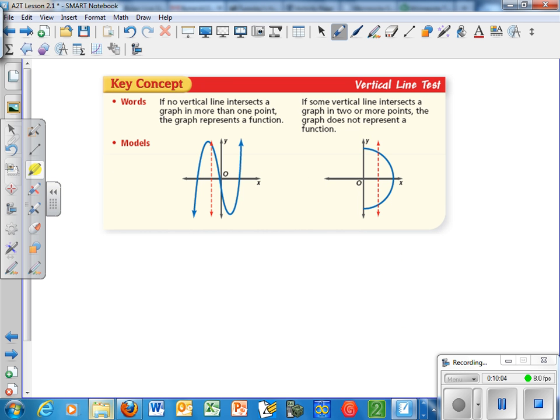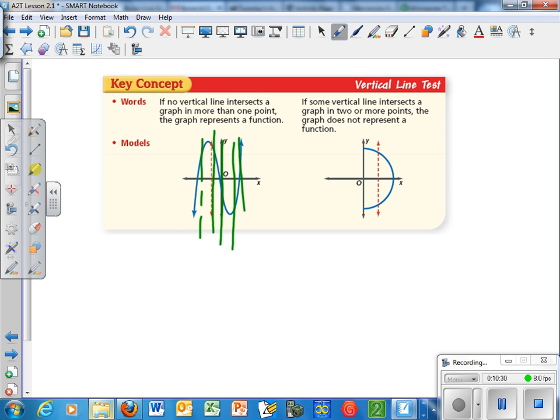Okay, here's the definition of the vertical line test. If you want to write this down: if no vertical line intersects a graph in more than one point, the graph represents a function. So this one right here on the left would be a function. Any vertical line I drew would only go through the graph at one point.